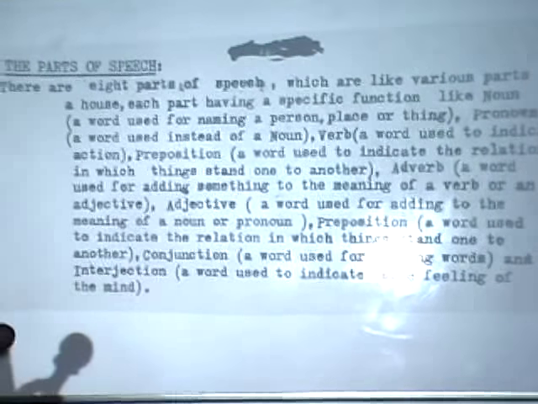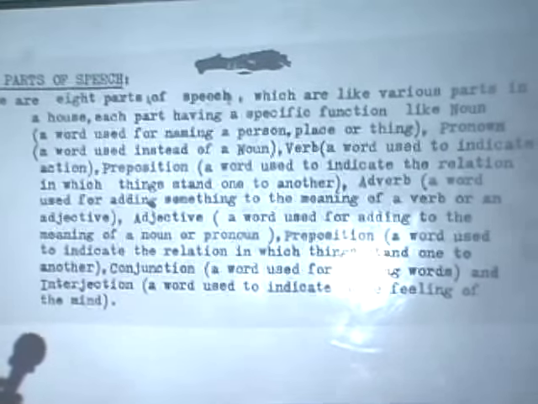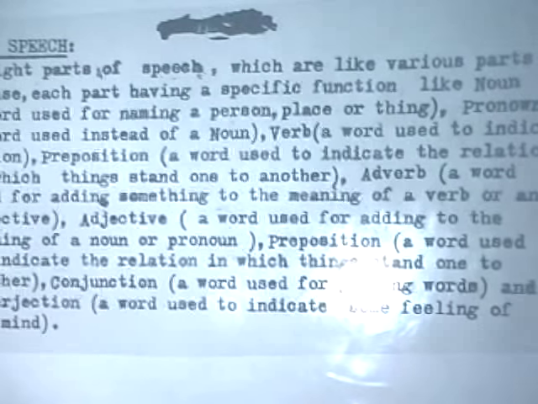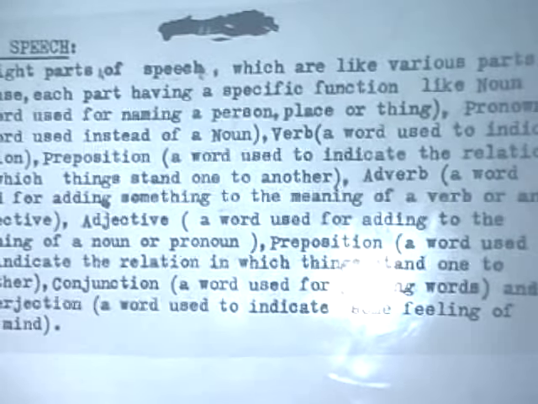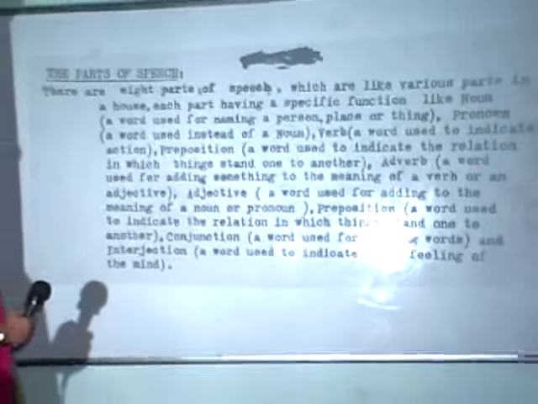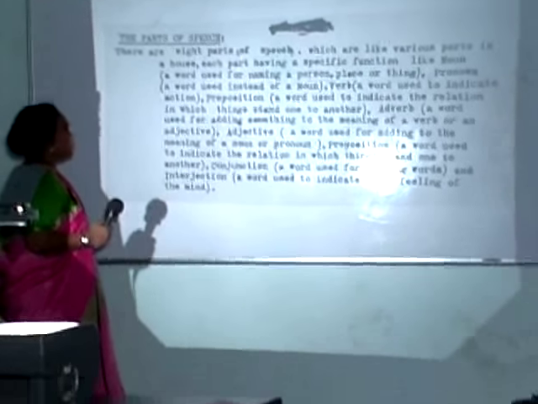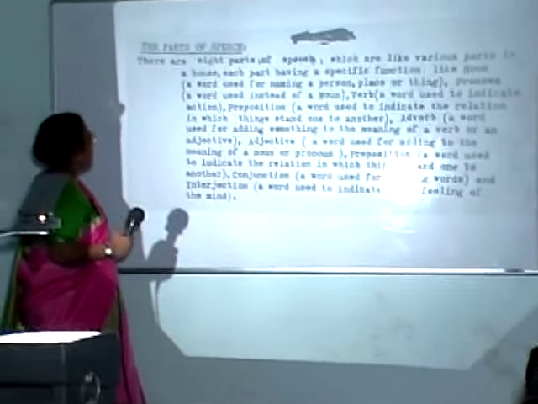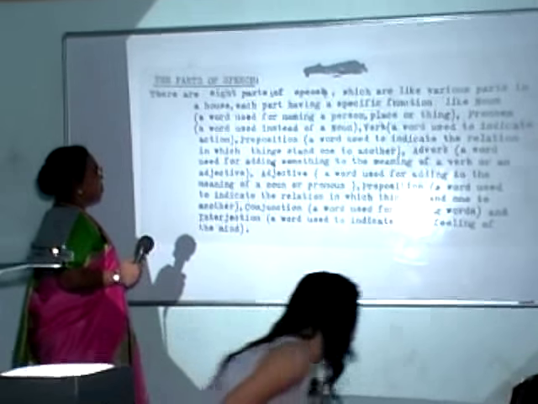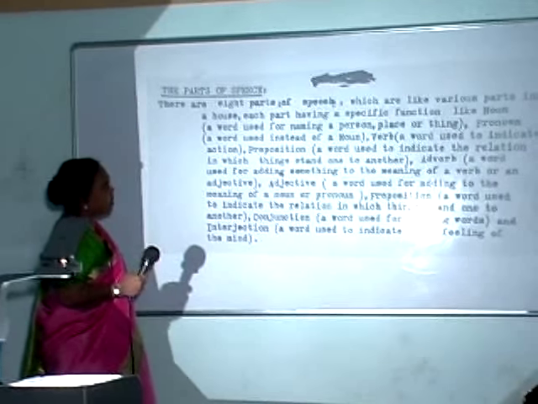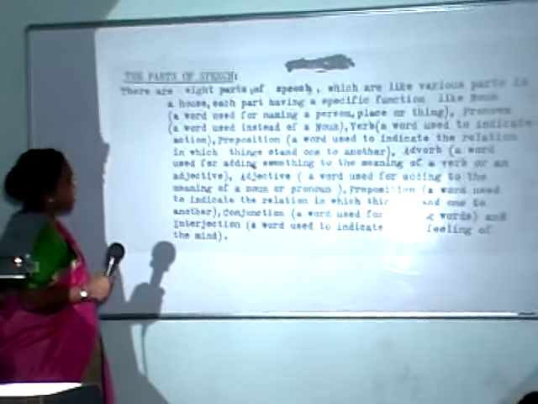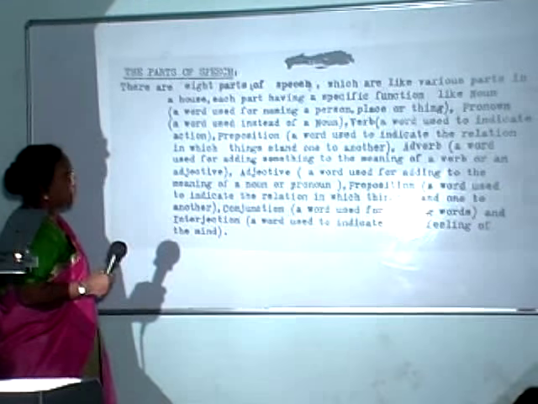Noun, a word used for naming a person, place or thing. Pronoun, a word used instead of a noun. Verb, a word used to indicate action. Preposition, a word used to indicate the relation in which things stand one to another.